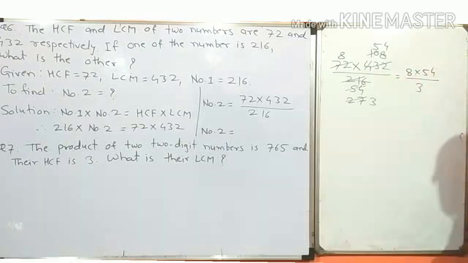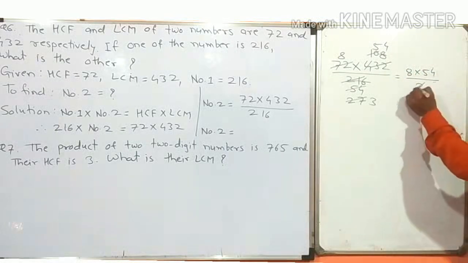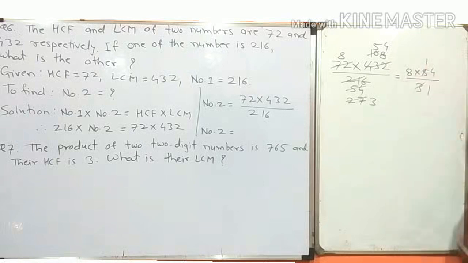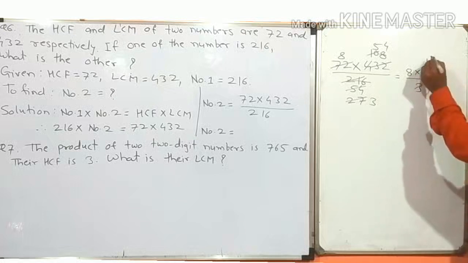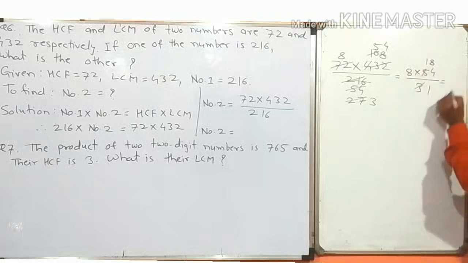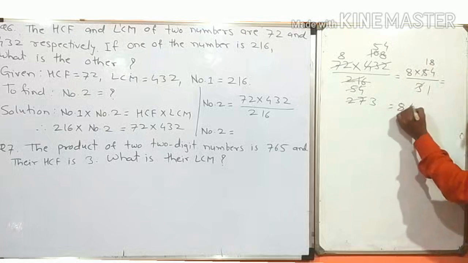Once again, this 54 is divisible by 3. So we can divide this 3 and 54 by 3. Here will be 3 1s are 3. Here will be 3 1s are 3. 5 minus 3, 2. 4 on that 2 will form 24. 3 8s are 24. So what is remained? 8 into 18.